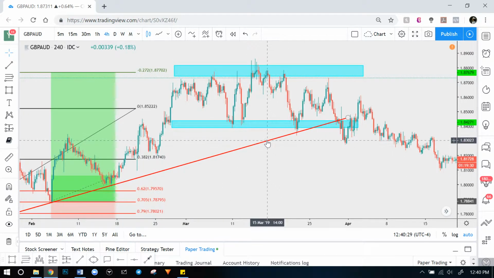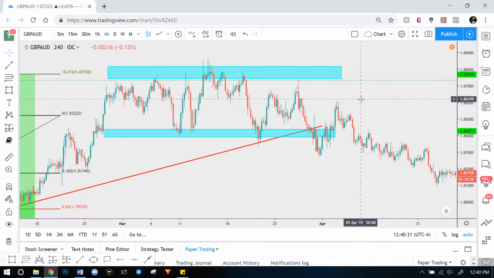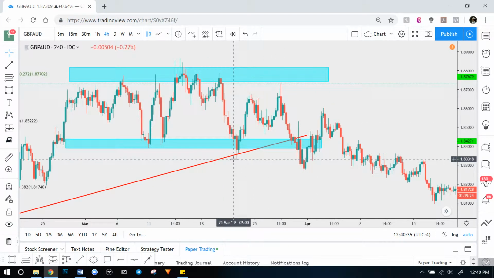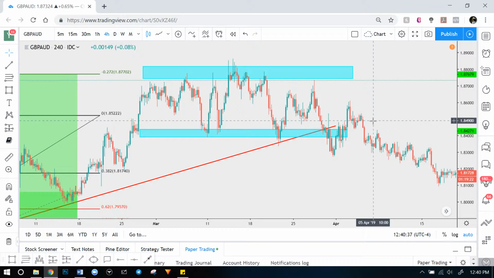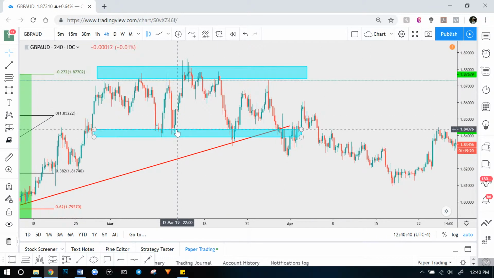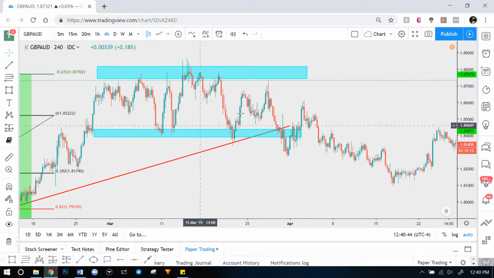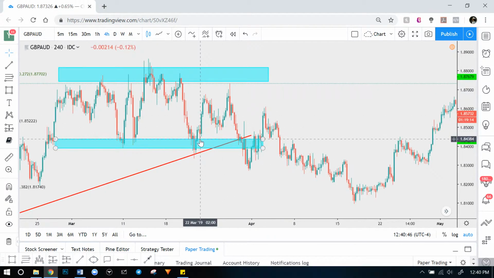However, it was a retest of this trend line. So you have to be aware of where your trend line is. That's why you extend it out into the future, and also the zones, because not every support or resistance is a fixed price point or line.